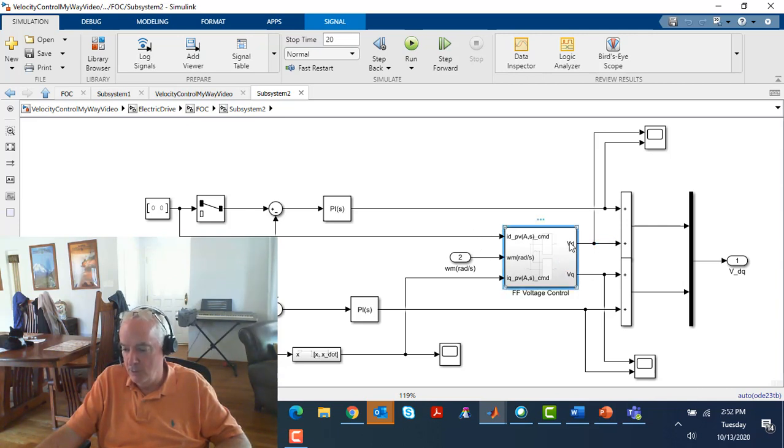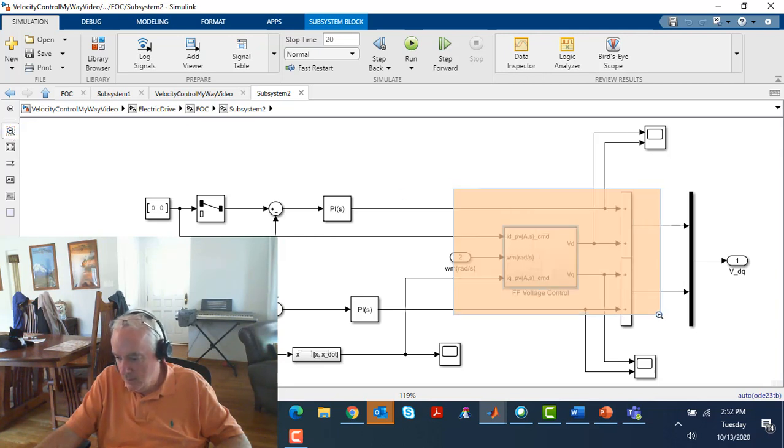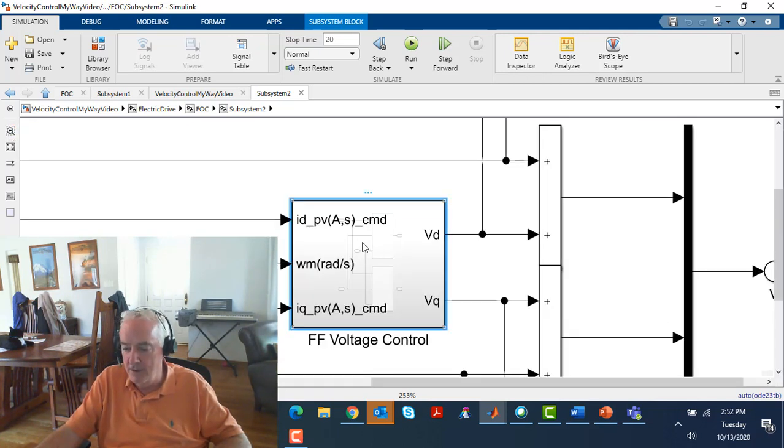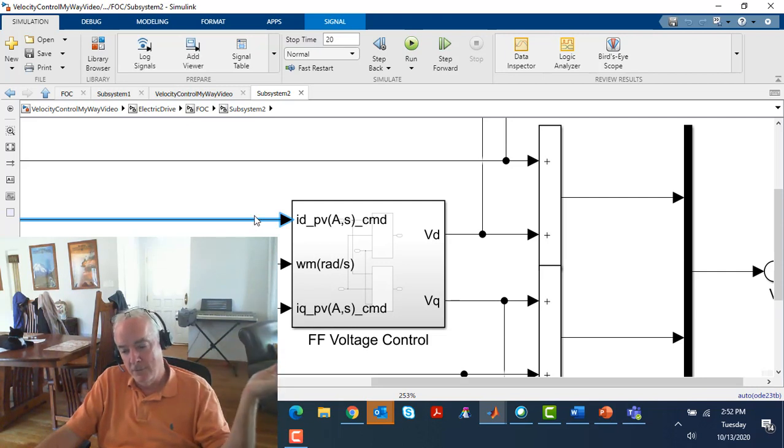Actually, let's look at the interfaces. It's always good to look at interfaces. So feed forward takes the ID current. Actually it turns out we're taking ID current as well as the first derivative, and we're going to talk a little bit about that too. Then the angular velocity and the IQ current.